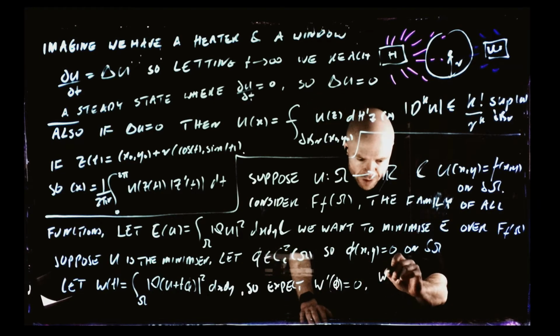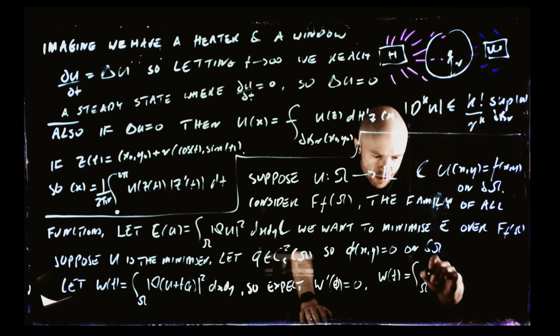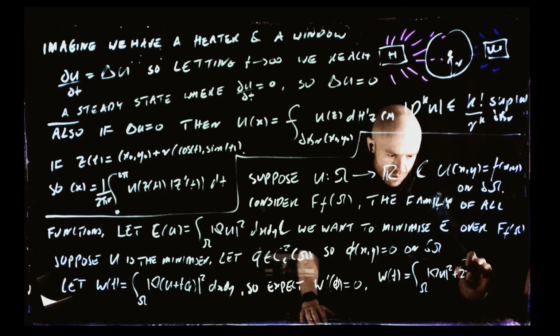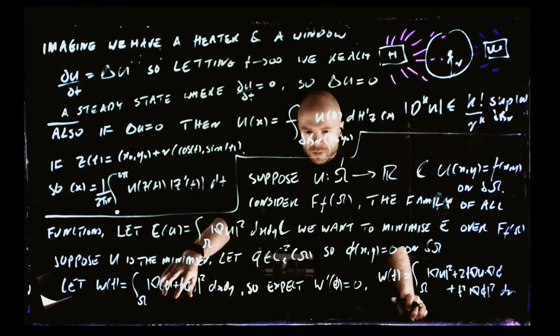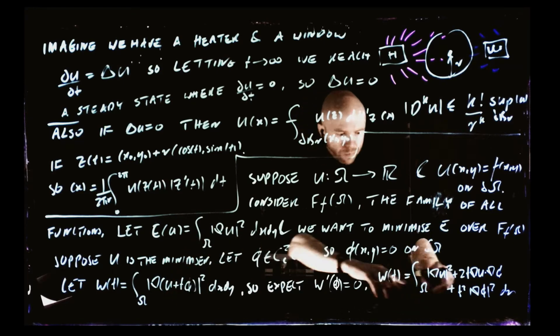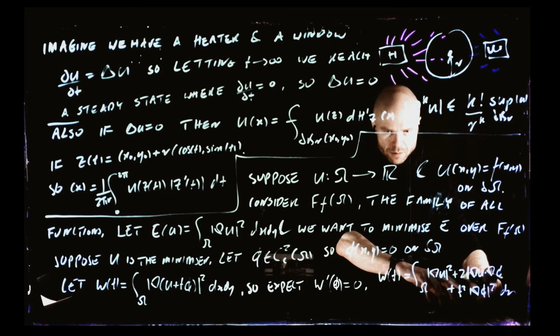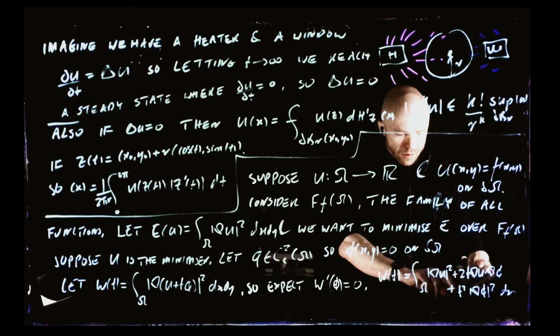Well, we can expand out w of t, and then we get this. Just expanding out this expression here. So we can differentiate this thing easily, because this is constant, this thing is just this thing, and this thing is this thing.